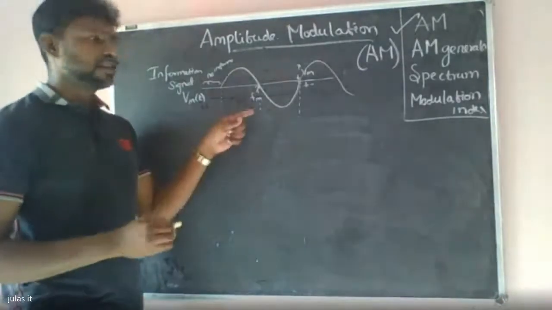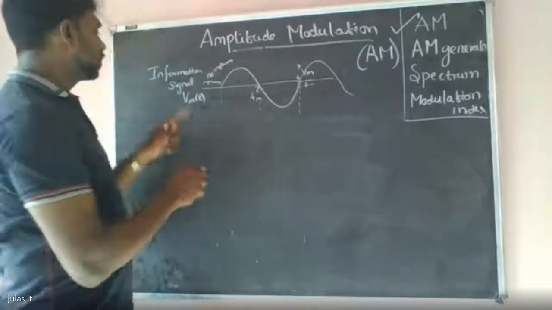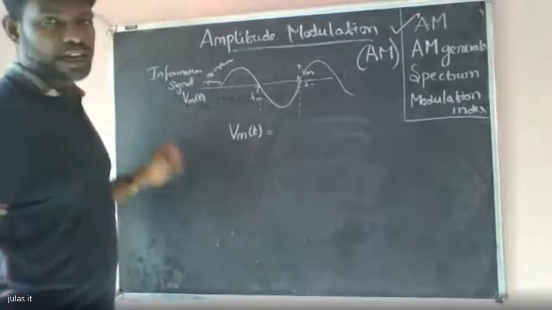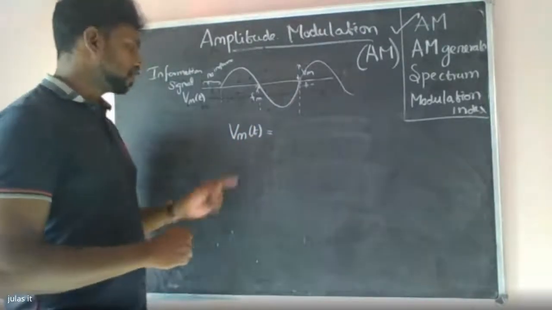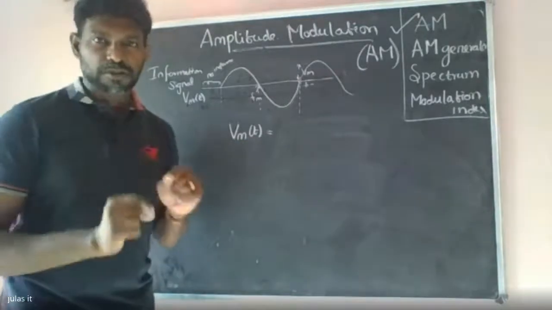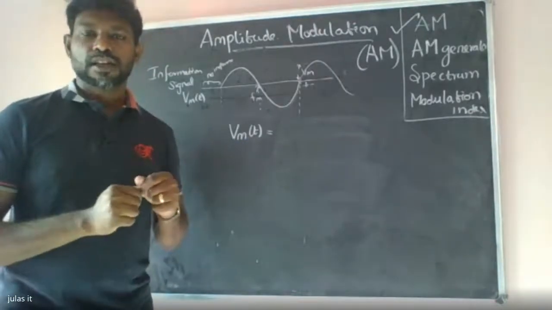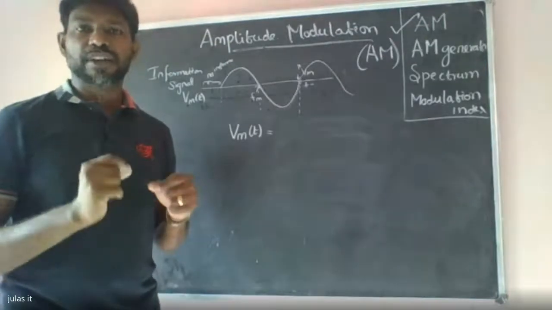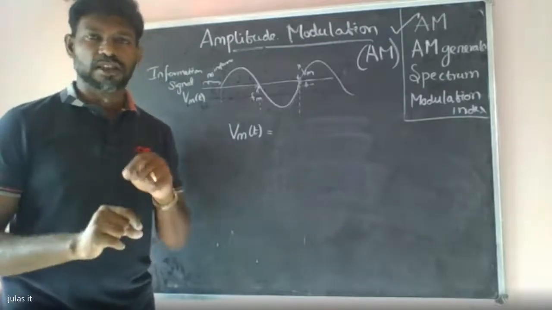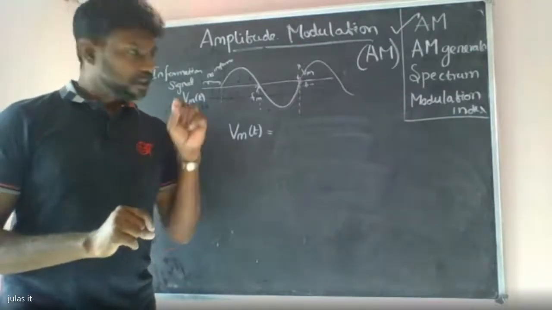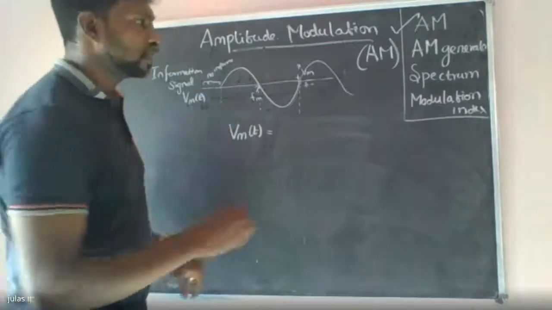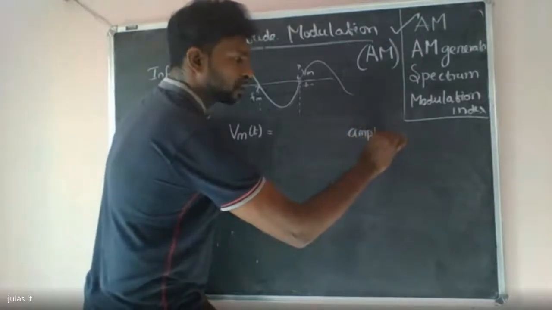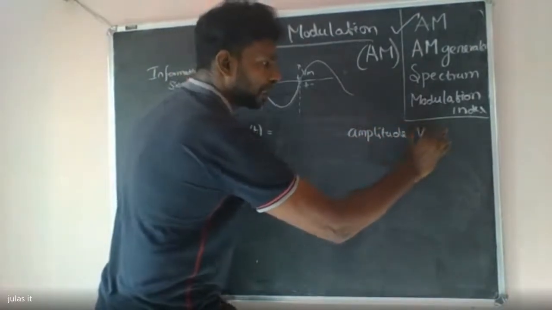If you see this signal, you already know your message signal, right? The message signal is given as Vm of t. Kindly understand this, very important. In some textbooks, I am referring to General Simon Haykin, and there are a lot of textbooks available, or Veni Thomas, which is your textbook actually. In those textbooks, they give two notations. We say the amplitude of the signal is referred to as Vm.